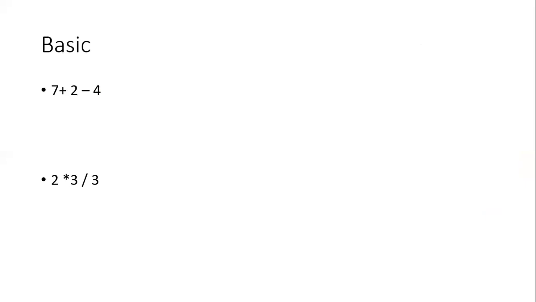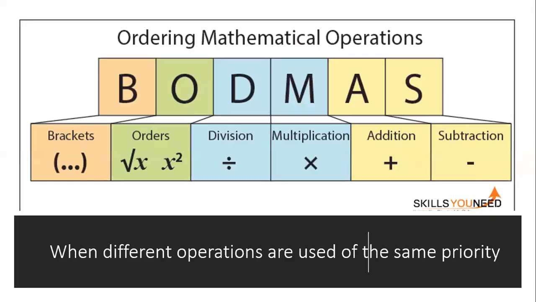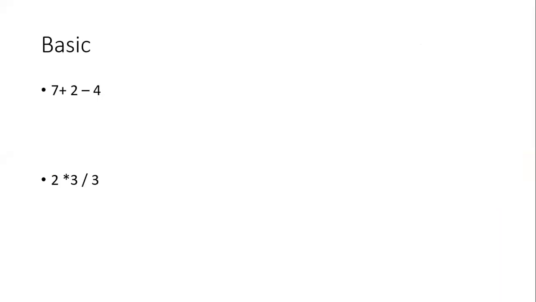Similarly, multiplication and division are also of the same priority. And so we realize, in the second case, if we actually divided 3 by 3 first, we'd have gotten 1, and we times that by 2, we still end up with the 2. So that's something that mathematicians discovered.